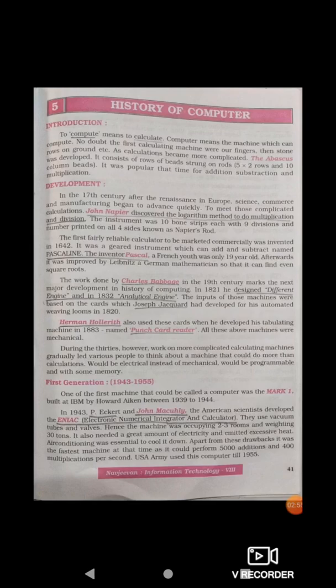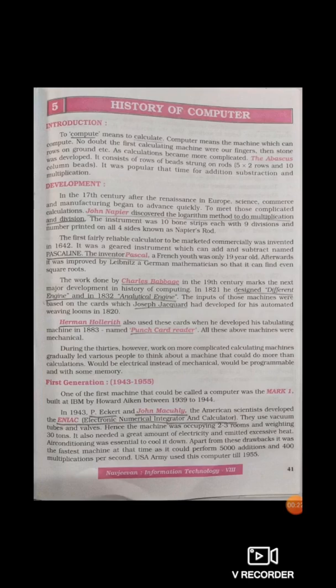During that time, it was very popular. Then machines were introduced. What is the purpose of a machine? Machines make a man's work easy. So as calculations were becoming difficult, the abacus was invented.